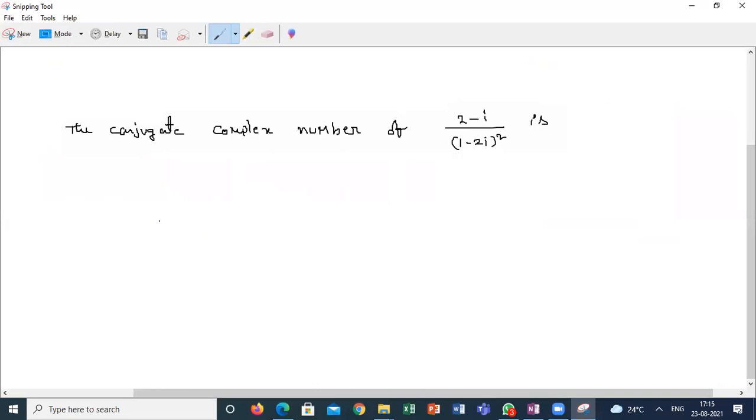The first question is, who can solve it like this. The given data is asking for the conjugate complex number. Z is equal to 2 minus i by 1 minus 2i whole square. He's asking Z bar, that is the conjugate complex number.